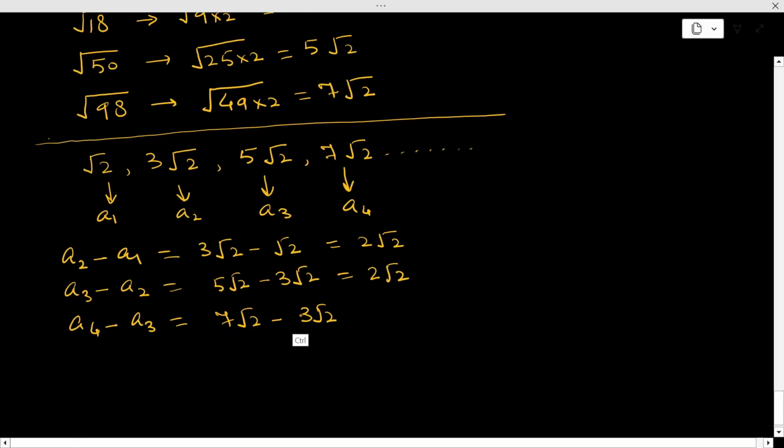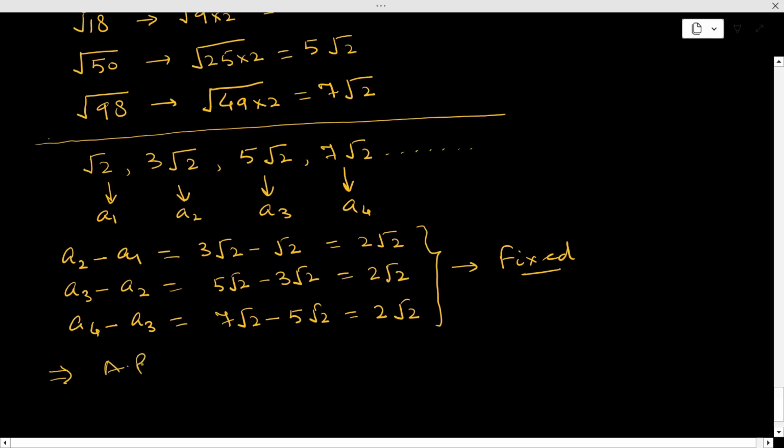This is not 3 root 2, this is 7 root 2 minus 5 root 2, because A3 is 5 root 2. So this is 2 root 2, because 7 minus 5 is again 2. From here you can see that the differences are fixed, so you can conclude that it is forming an AP.